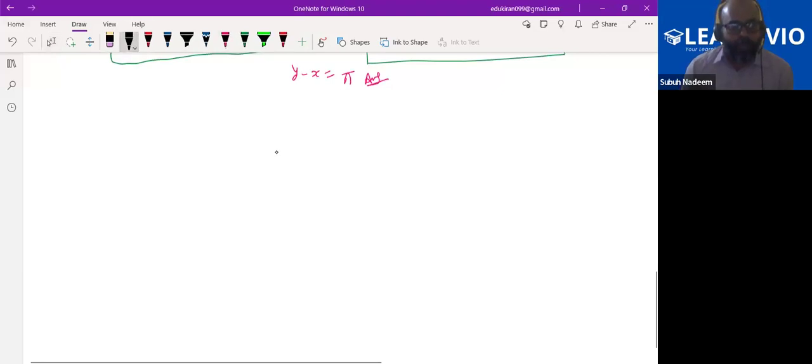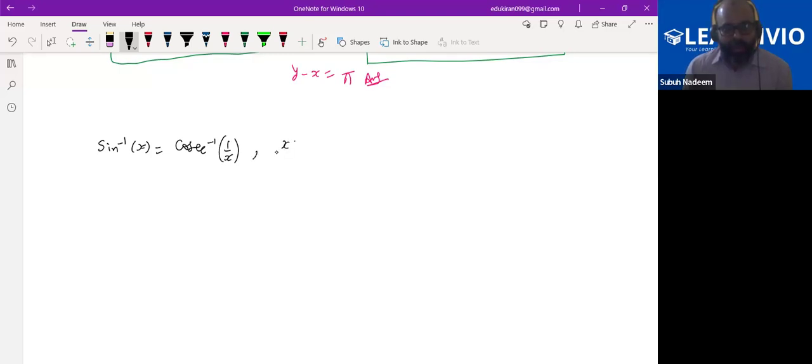One set of formulas is that sine inverse of x is equal to cosec inverse of 1 by x, where x is less than 1 and greater than minus 1, except 0. X is between 1 and minus 1 except 0, because in that case cosec inverse will not be defined.